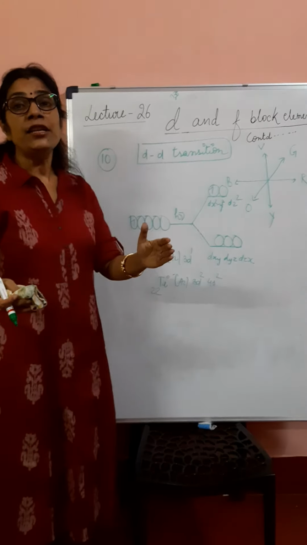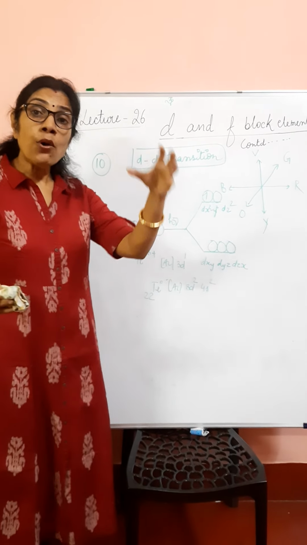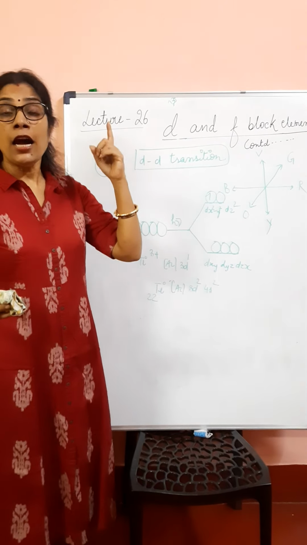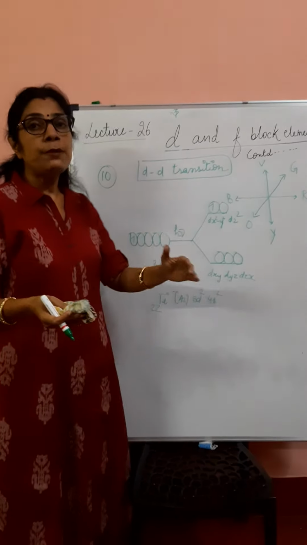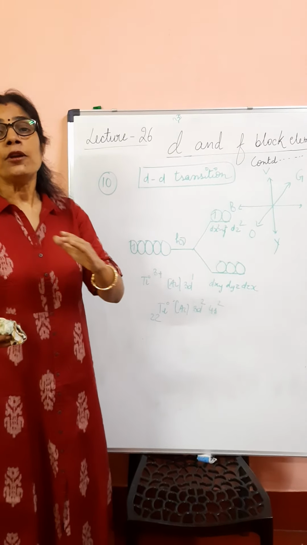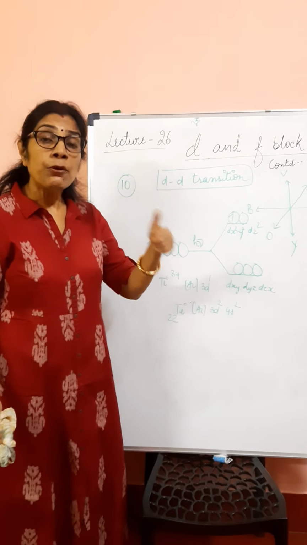So remember, my dear children, for magnetic character, for color, for all these important properties, unpaired electrons are required, and that is why zinc, cadmium and mercury do not possess these properties, but still they are regarded as transition elements. Why?